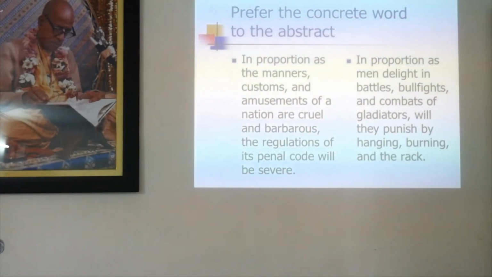The regulations of its penal code will be severe. Hanging, burning, and the rack. You know exactly what I mean now. And you might even remember it.